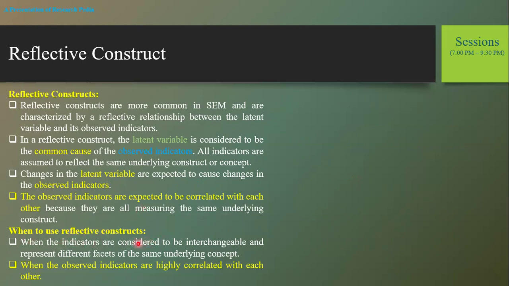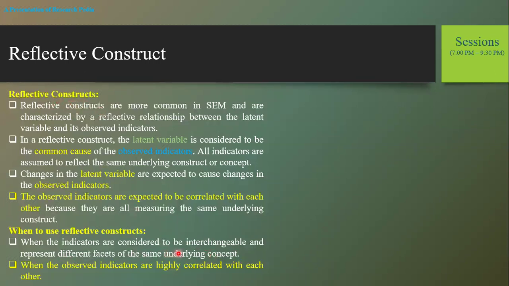When to use reflective constructs? There are two reasons that you need to understand, especially the second one, which is more obvious when we are going to use reflective constructs. When the indicators are considered to be interchangeable, you can use one statement in place of the other, in place of the third one, in place of the fourth one. So when the indicators are interchangeable, you can use reflective constructs.